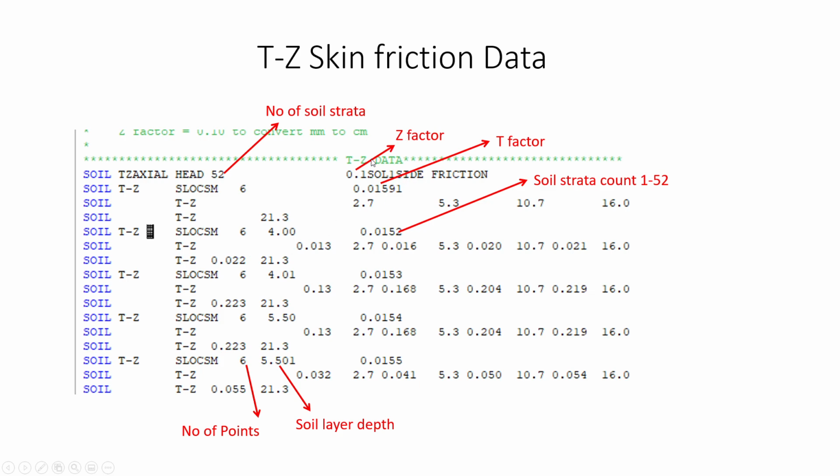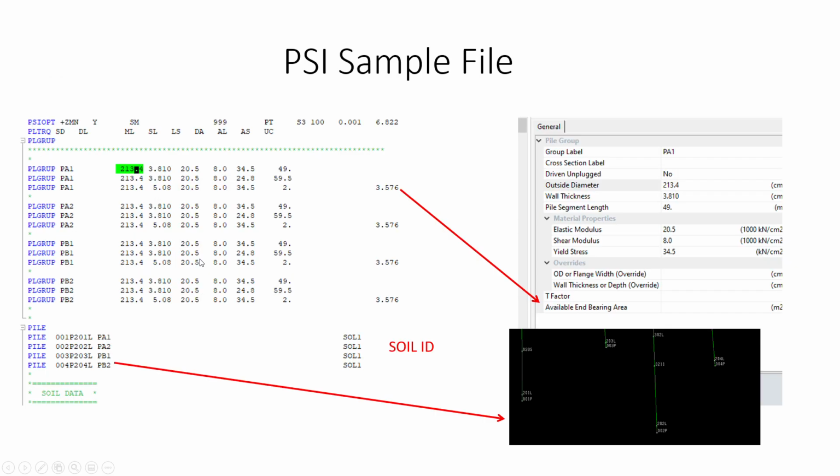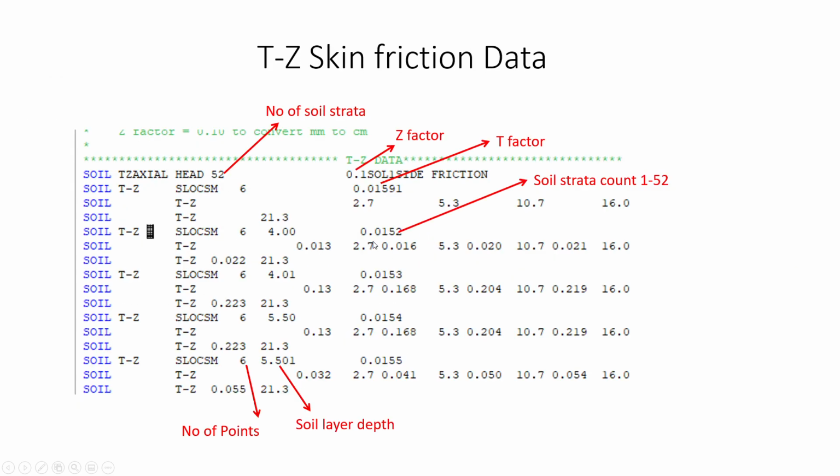Okay, then this is the Z factor and this is the T factor. If you see here, all these things are in mm, the unit is in mm. But when we are having SACS, we are having only centimeter.